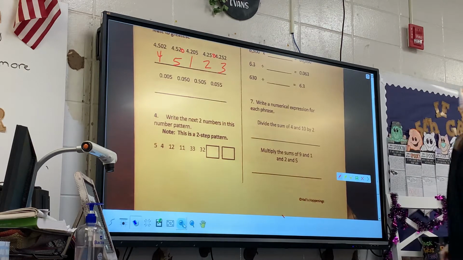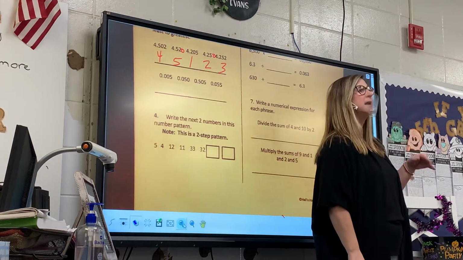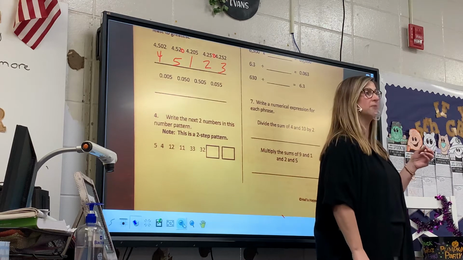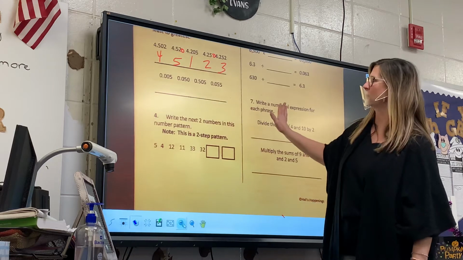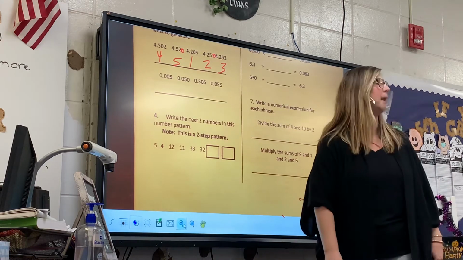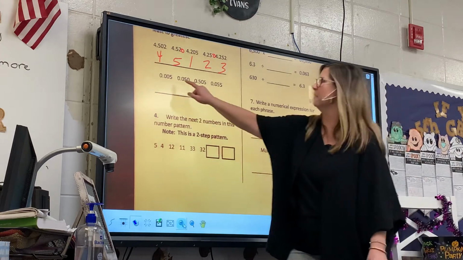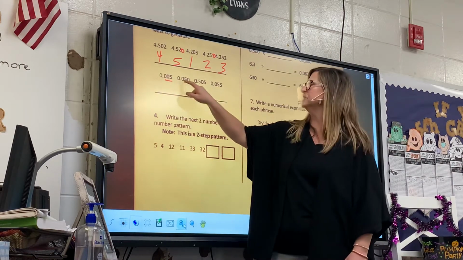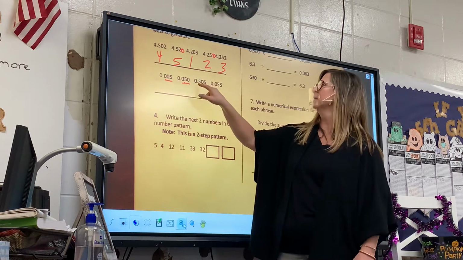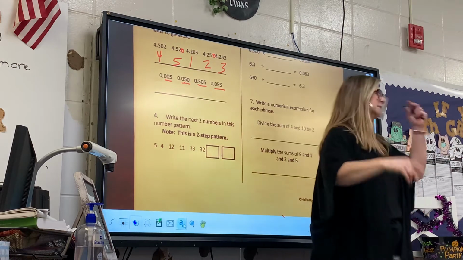Okay, looking at this one, guys, these numbers can be kind of confusing because they all look like the same digits, don't they, Gabby? They almost look all the same. So what I've got to do is look on the right side. They all actually go out to the thousandths. But I've got to actually look at the number. What is this number, y'all? 5. What is this number? 505. 55 thousandths, right?